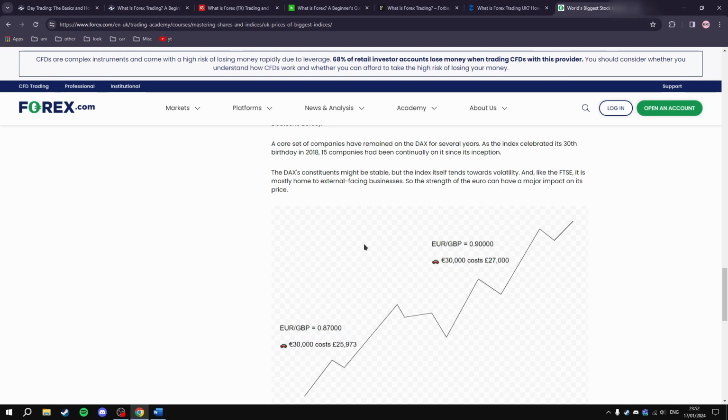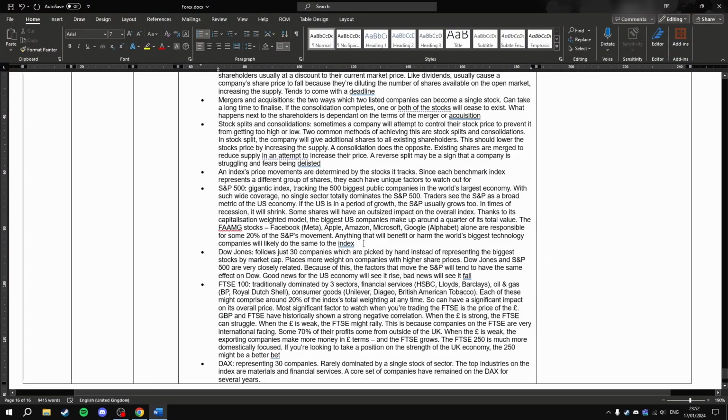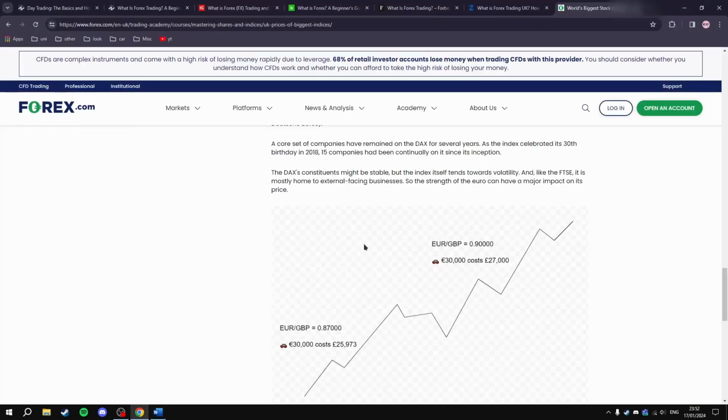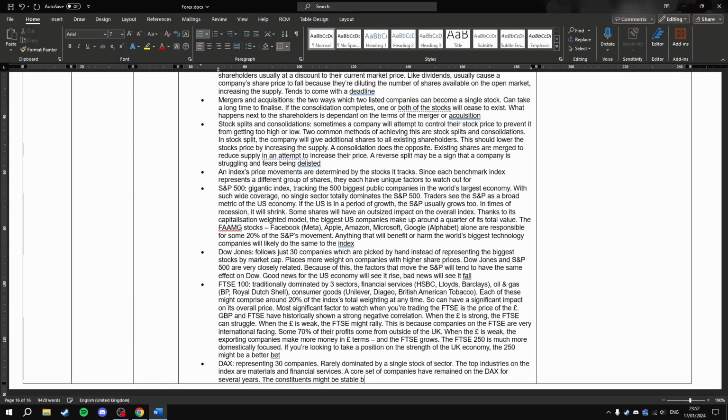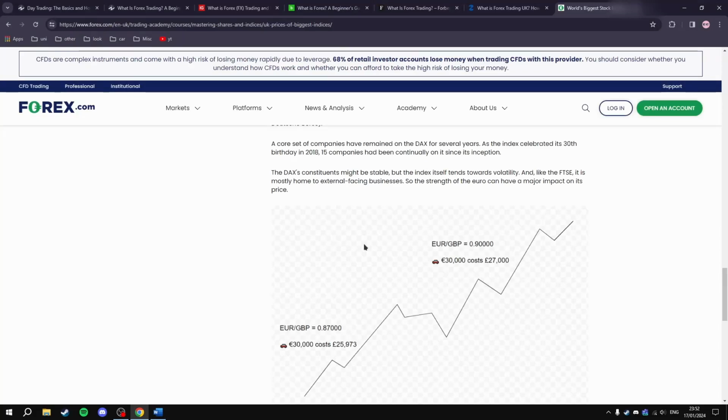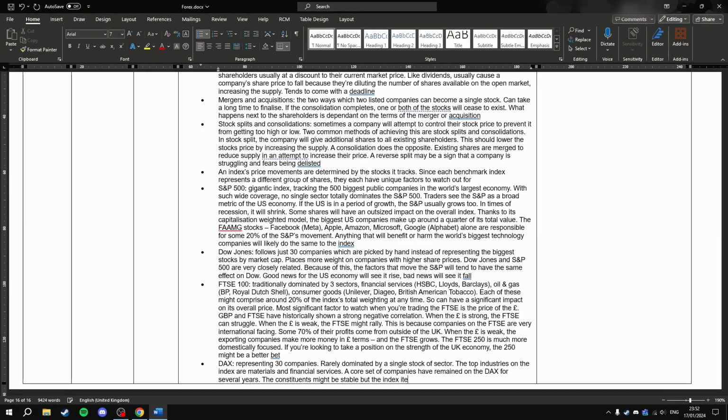The DAX's constituents might be stable, but the index itself tends towards volatility.